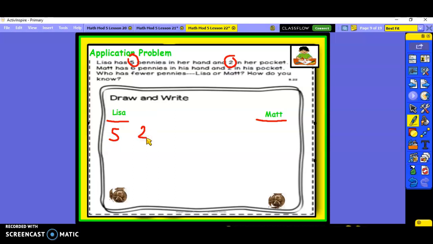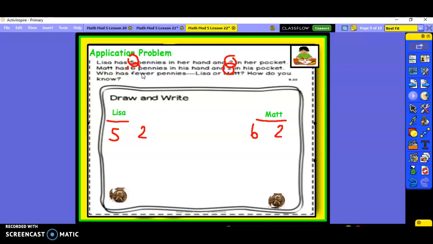Let's go ahead and keep reading to learn what Matt has. Matt has 6 pennies in his hand and 2 pennies in his pocket. So Matt has 6 and 2. Oh, look at this question. Who has fewer pennies?